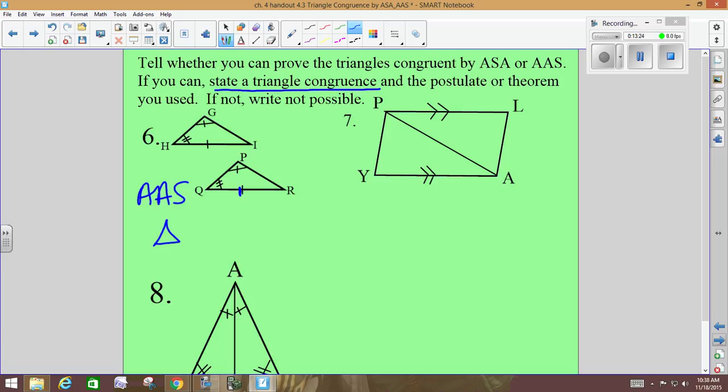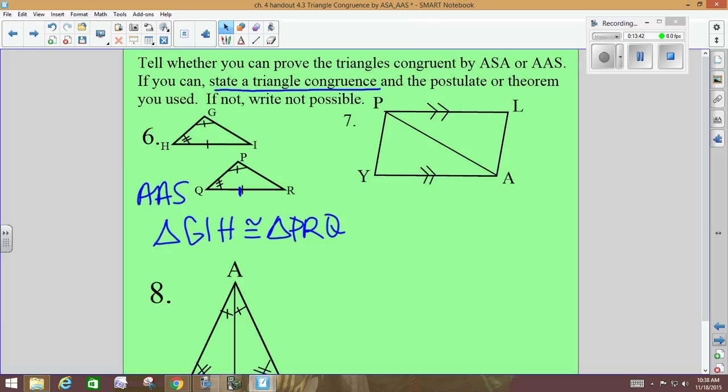What'd you get? Good. PQR to GHI, yes, that would work. Yep, you just have to make sure wherever your G is, the P is in the same location, or wherever your I is, the R is in the same spot. There's many ways to write congruency statements.